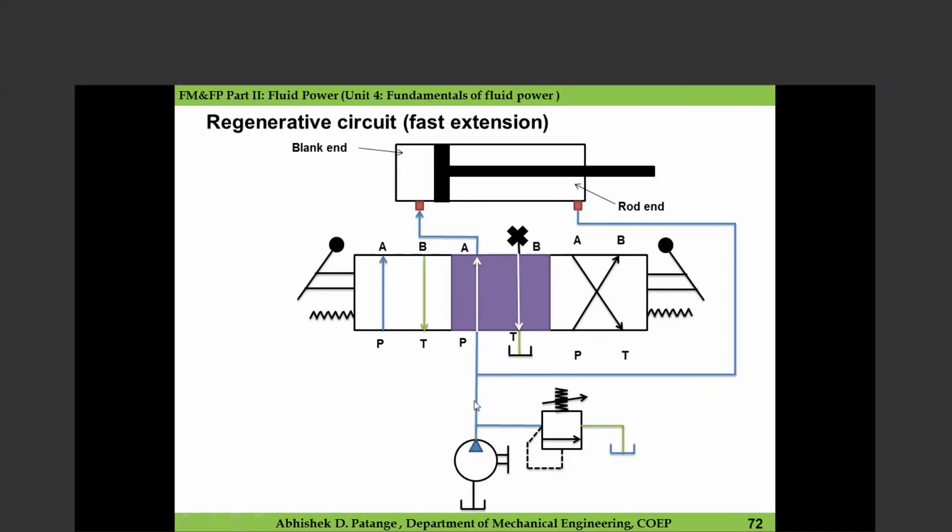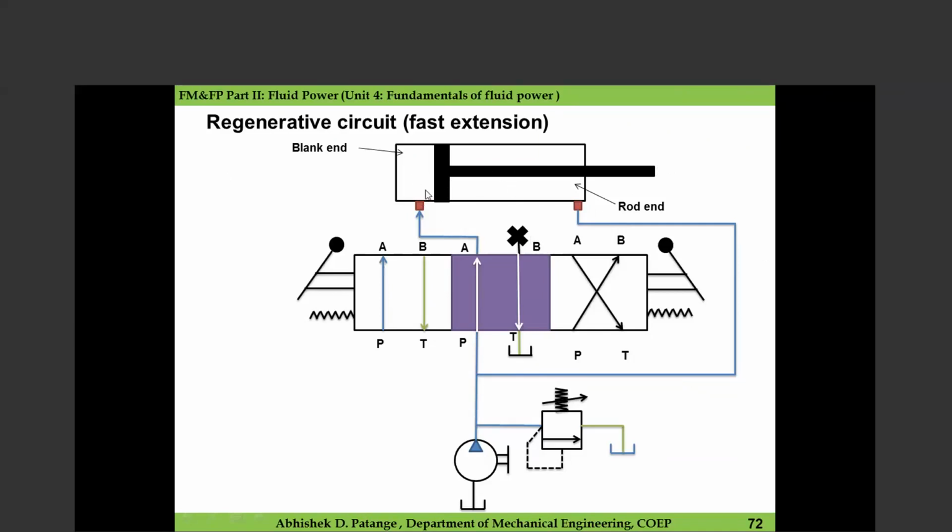So since liquid is passing to the blank end and the rod end, both will get filled. Now since this piston has to move against the load acting on the connecting rod, this load will create pressure inside the blank end and the rod end also.